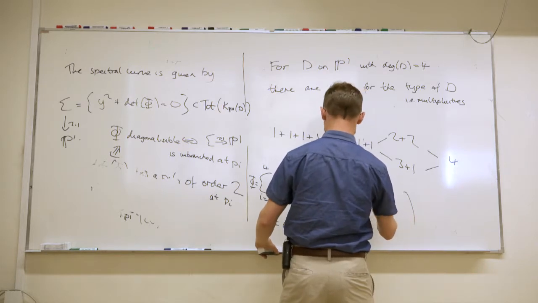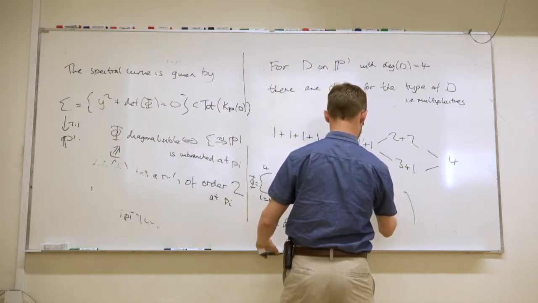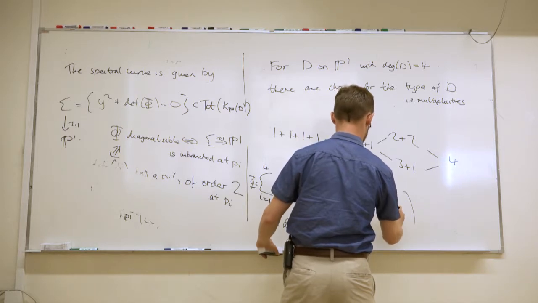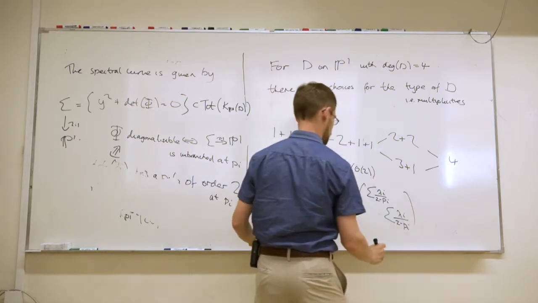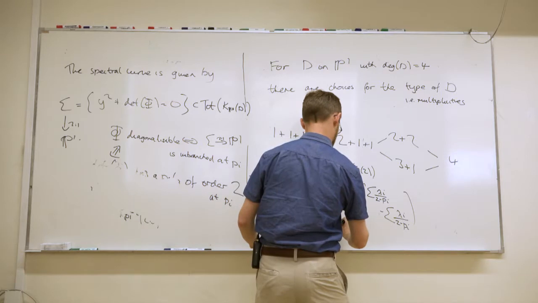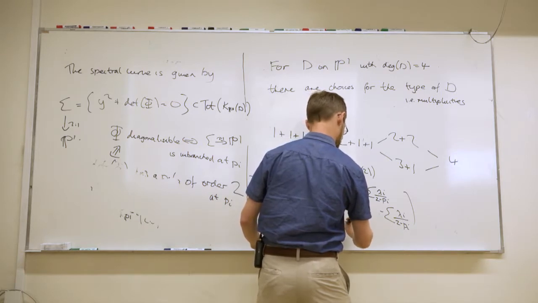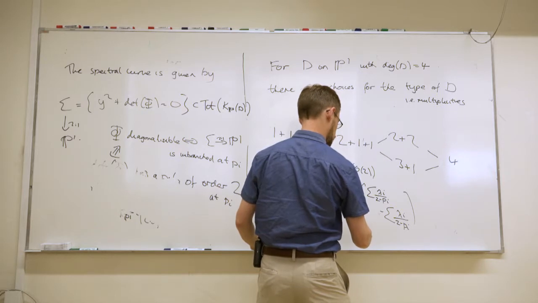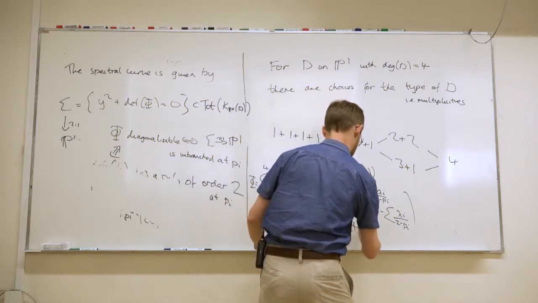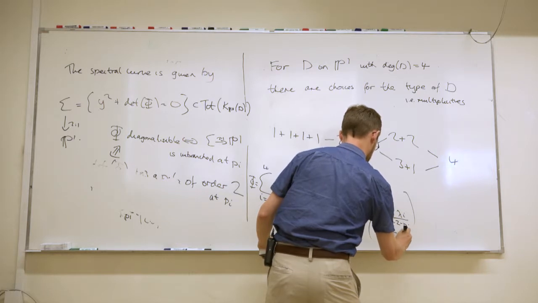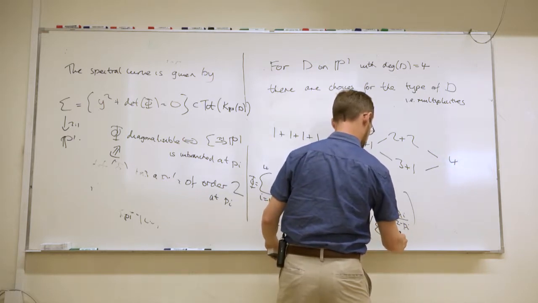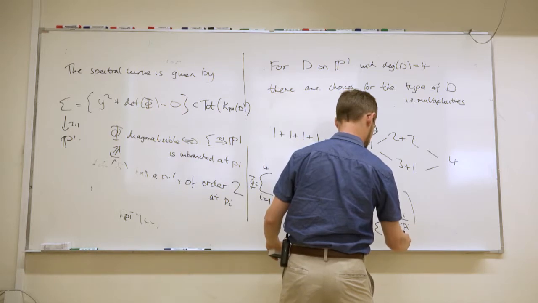So I've got the sum of... so the determinant of this is then this product.